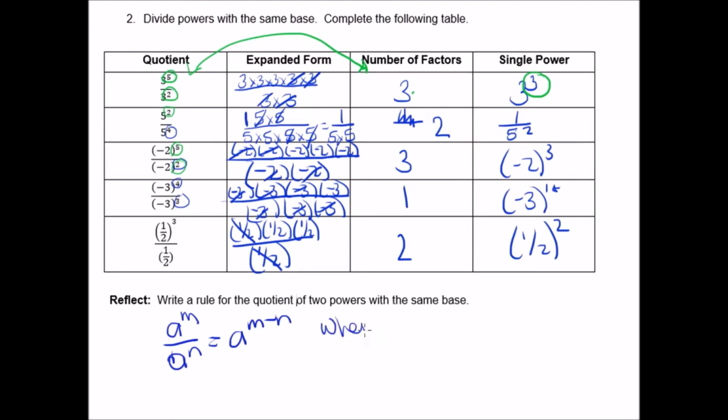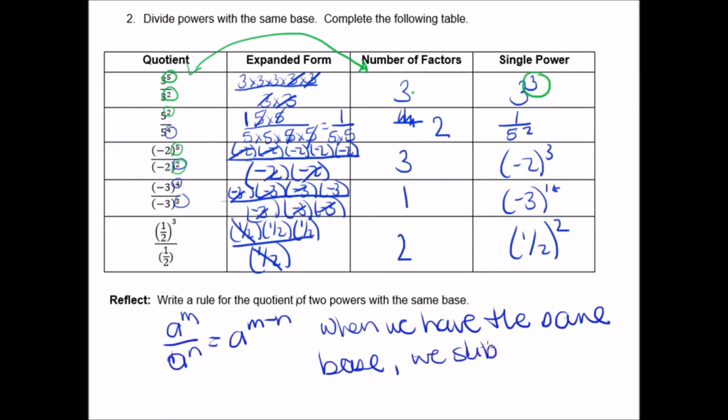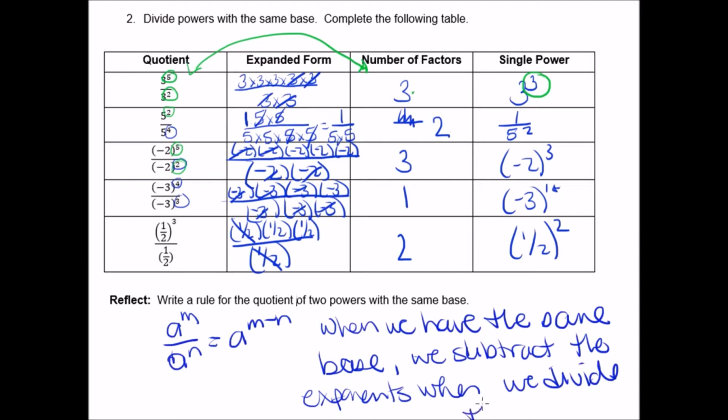So when we have the same base, we subtract the exponents when we divide the numbers.